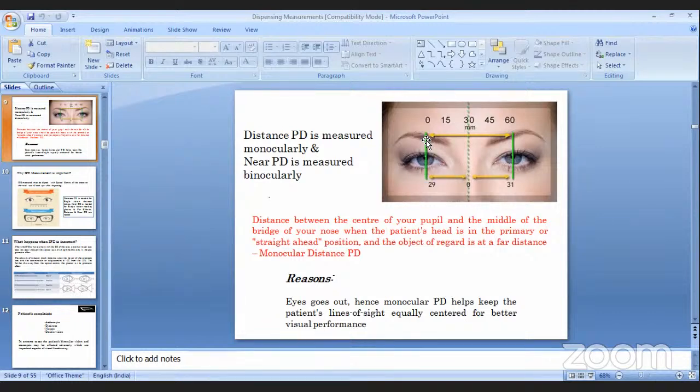And the distance between the right pupil center and the left pupil center, as denoted by the yellow arrow, is the binocular PD. Now, the reason why we need a monocular PD for distance is to ensure that the patient's line of sight is equally centered for better visual performance through the optical lenses.